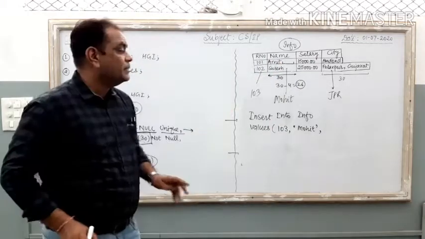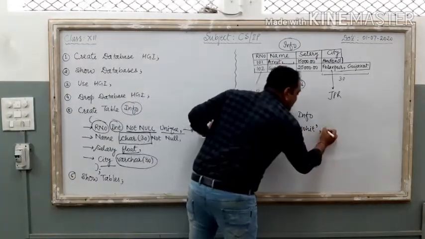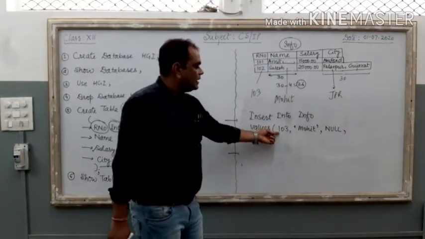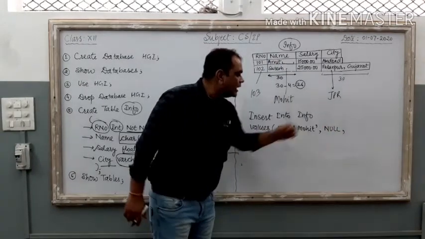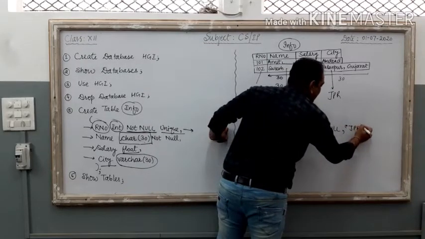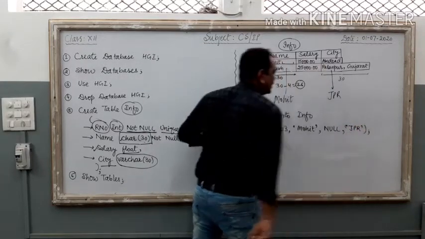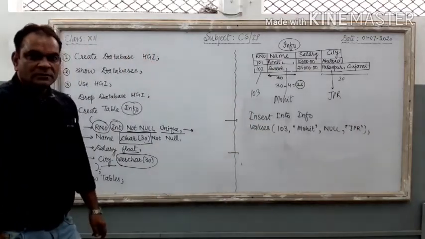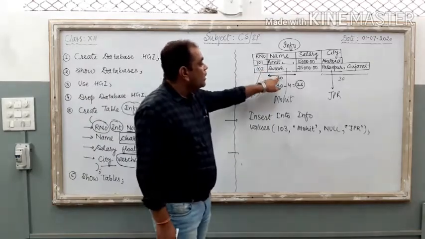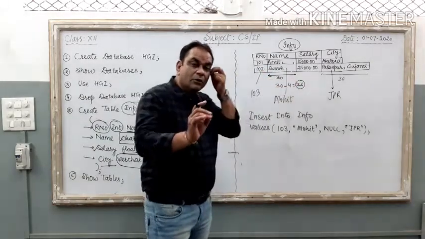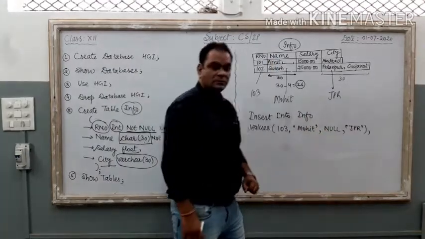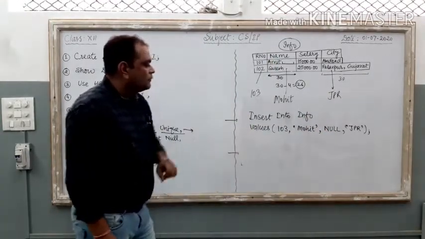For that I am using null instead of a value, right? Data 103, Mohit, null, and then JPR, it is available in the city column. So just check the formation of the command. Sequence should be the same. If you do not have a particular value to insert in the column, you just use null. Right? So it is according to the first format.